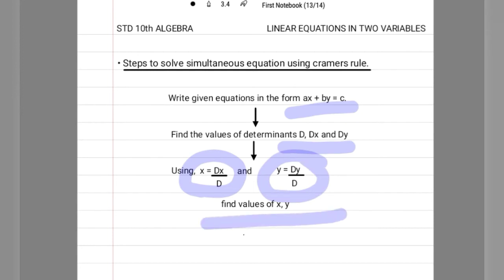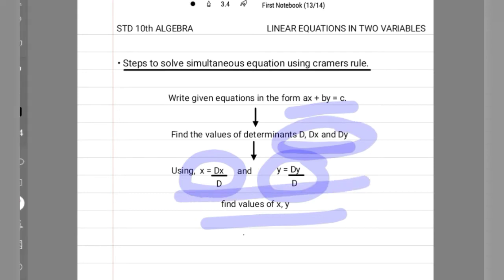This is so simple, we just follow these three steps. No need of multiplying any equation and then eliminating the values, nothing to do. We just find the values of determinants and get the values of x and y.